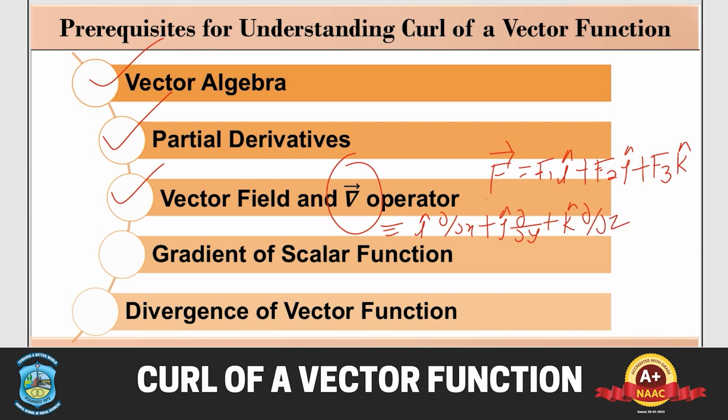When we apply this del operator along with the dot product to a scalar function, we get the concept of gradient, and when we apply this operator along with the scalar product on a vector function, we get divergence. So, to understand this concept, you must view my previous videos on scalar product, vector product, gradient and divergence.